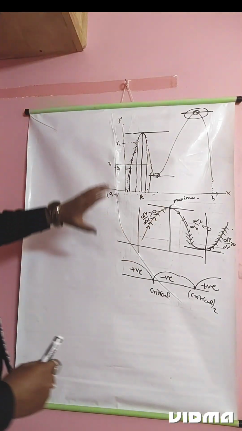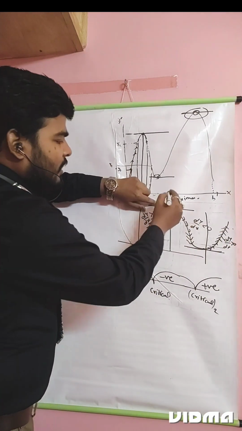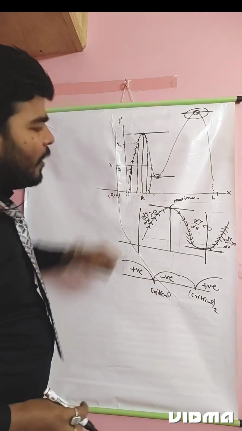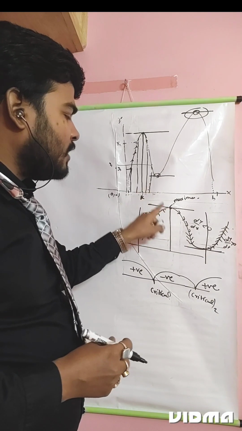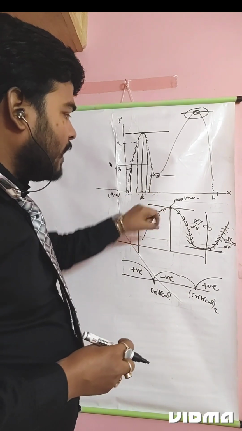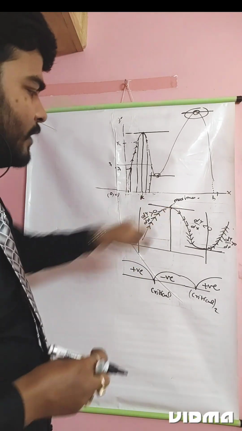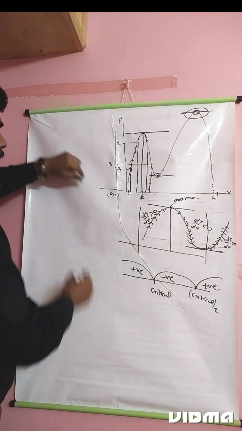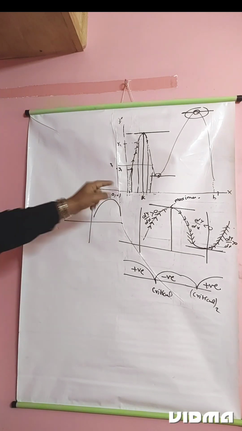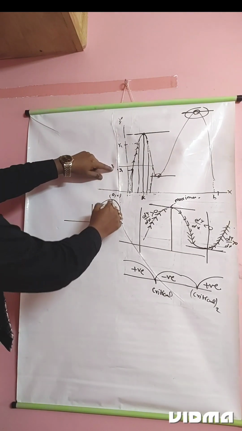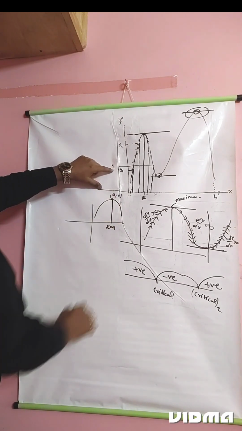These are the basic properties of maxima and minima. And one more thing: as we discussed, if the function attains a maximum at the critical point, that means at this point the function has a value greater than its neighborhood points. Suppose this is any function at which x equals a is the critical point.